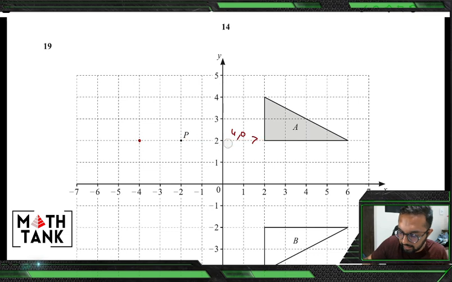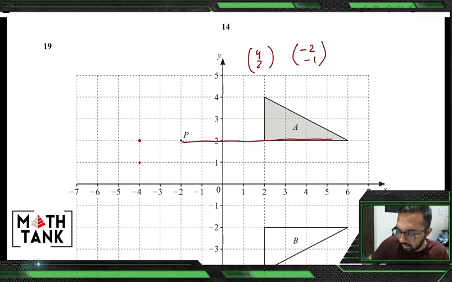I'm going to erase that. Take another point. That's 4 and 2. So 4 and 2 becomes what? The movement 4 and 2 becomes minus 2, minus 1. That point is here. Then that's a long movement.